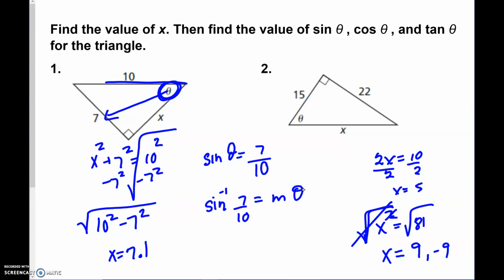In your calculator, hit the second button and then sine, and then 7 divided by 10. And I am getting that theta is going to be 44.4 degrees.